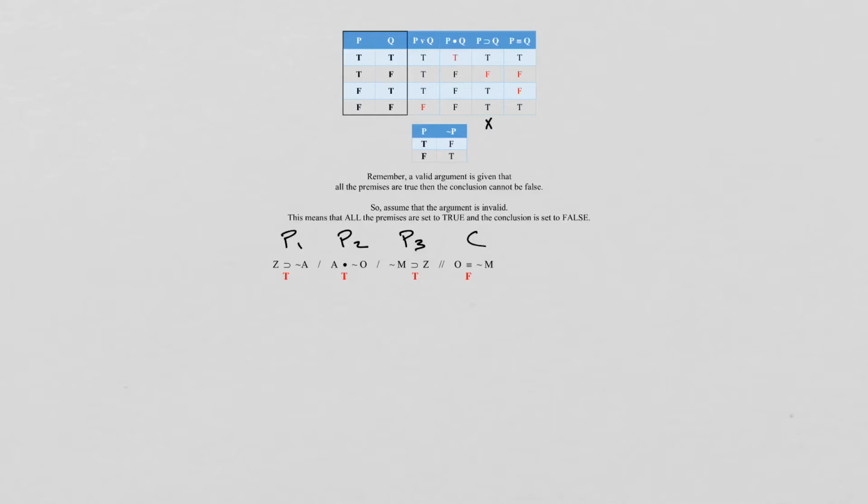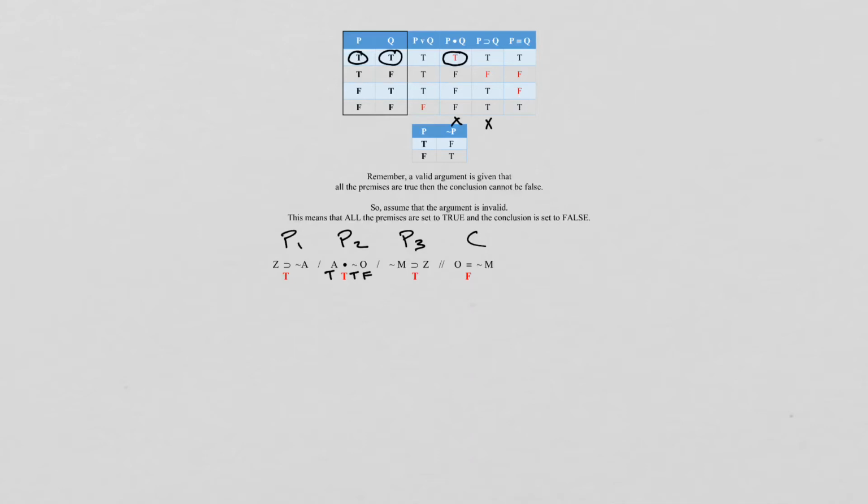The second one is a conjunction that is true. There's only one time you get a true with a conjunction, and that is when P and Q are both true. So we already know that A is true and not O is true, and that makes O false.